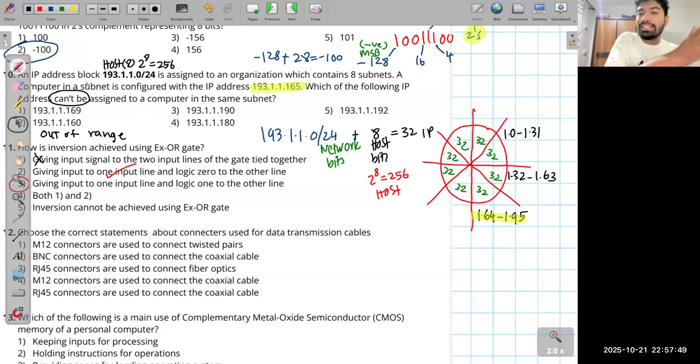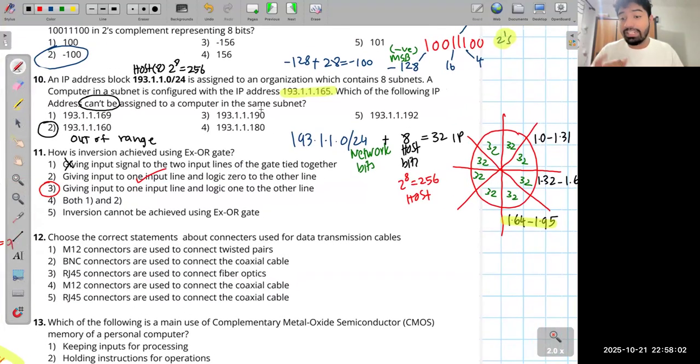Between 64 and 95, which IP cannot be assigned? 96 cannot be, 69 can be added, 60 cannot be added, 90 can be added in between the range. Then 180 cannot be added, 92 can be added.